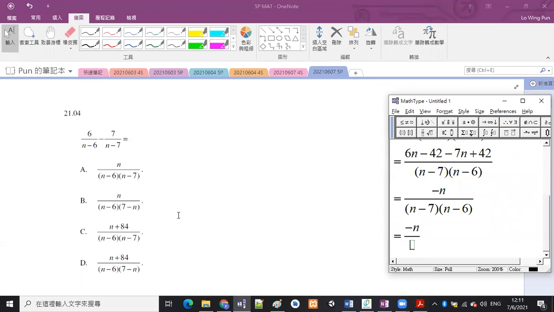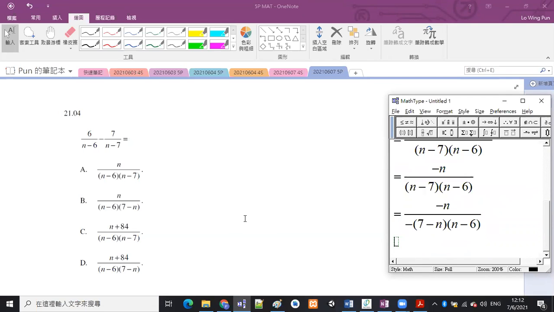So negative n is no change. Can you notice that there will be some 7 minus n? 7 minus n in option B and option D. So I'm going to take out a negative sign from the n minus 7 and swap the subtraction. It becomes negative bracket 7 minus n. But the n minus 6 is just unchanged.